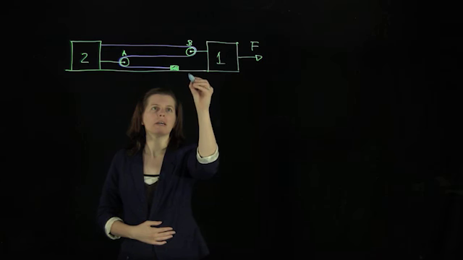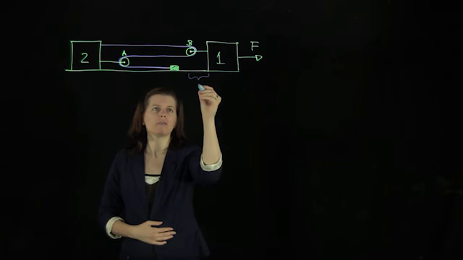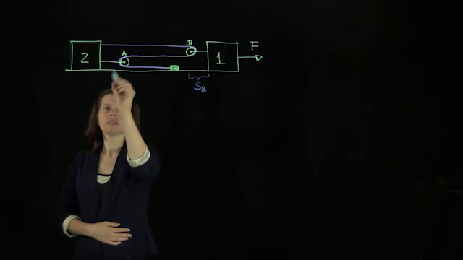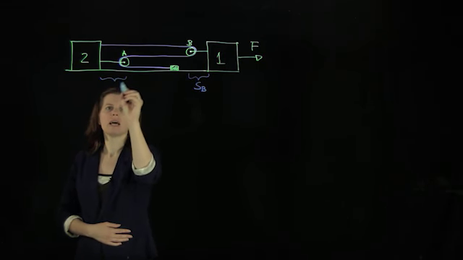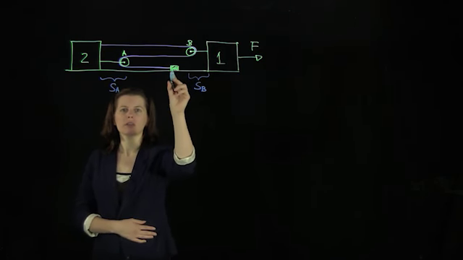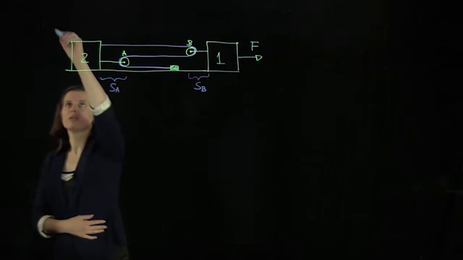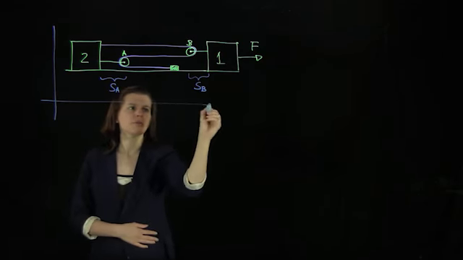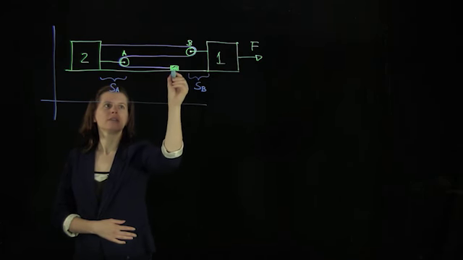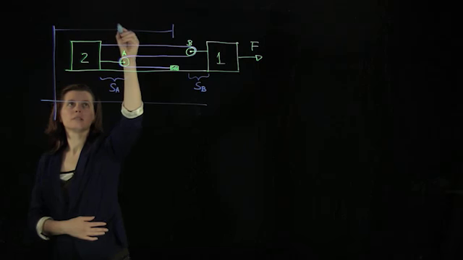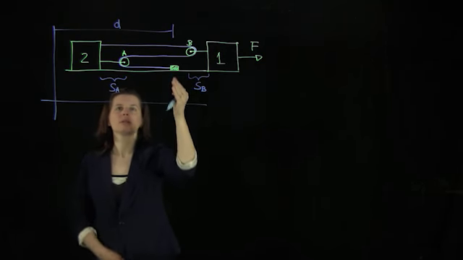So we have a little distance here. We call it SB. And we have a distance here that's fixed, SA. And we furthermore know that this block here is fixed to the ground, and we can choose a coordinate system origin. Let's say we do that here. We know that we have the distance D here to this little block.